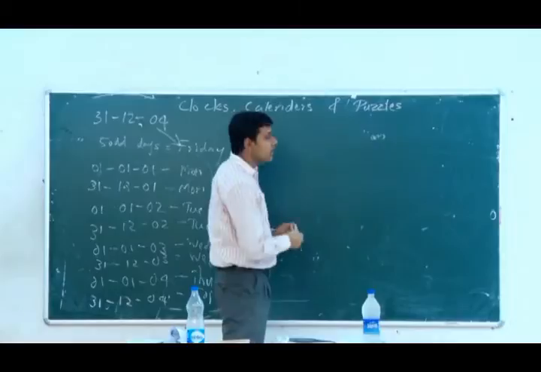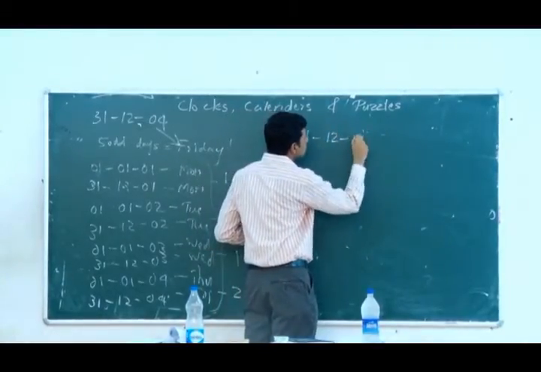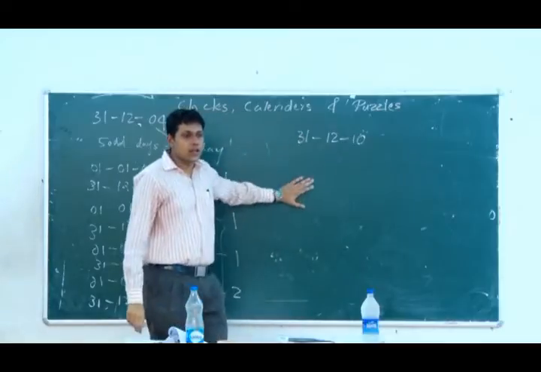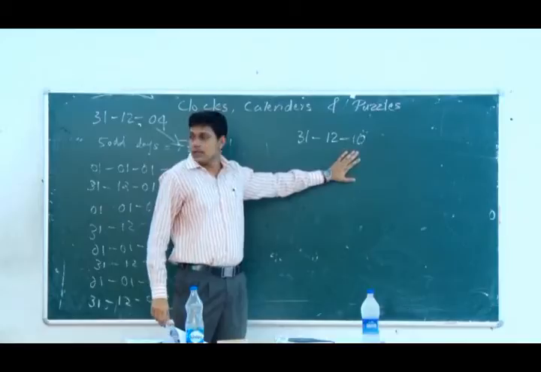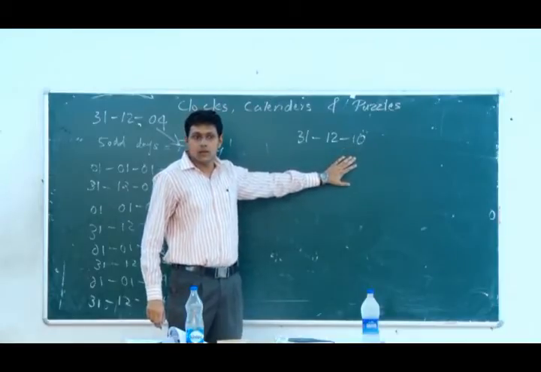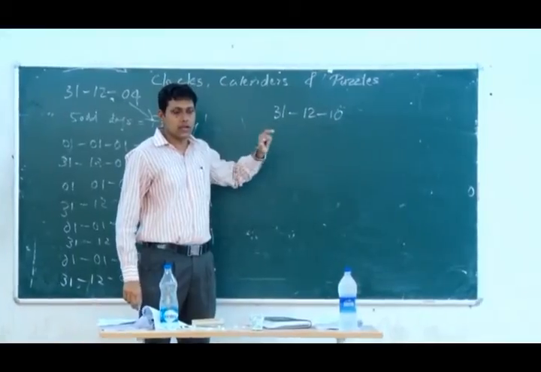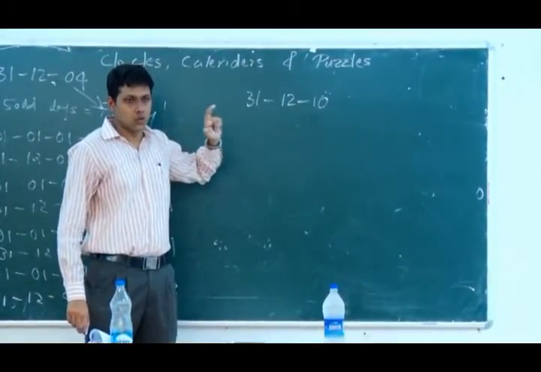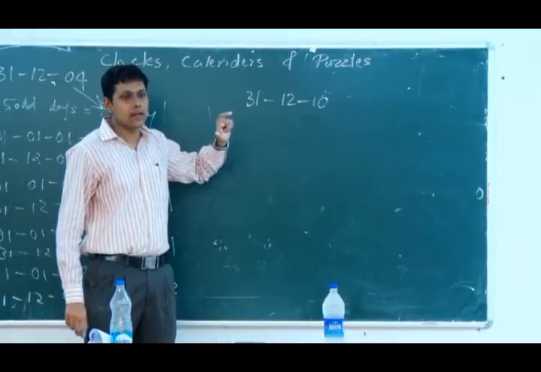Assume that we want to find the last day of the 10th year, 31/12/10. Now, how many odd days are there? First year we have 1 odd day, second year 2, third year 3, fourth year 2, that is 5, and 6, 7, 8, 9, 10.